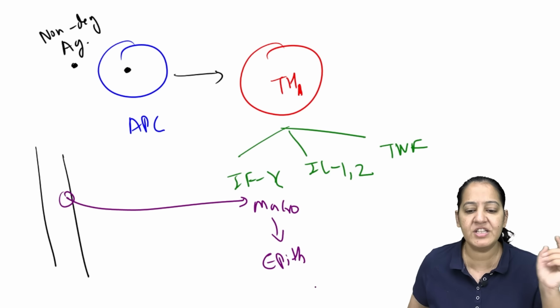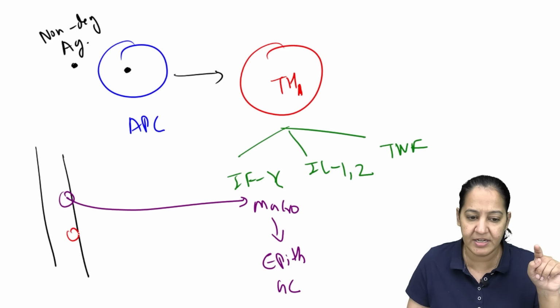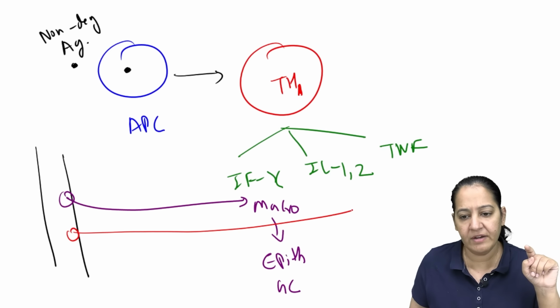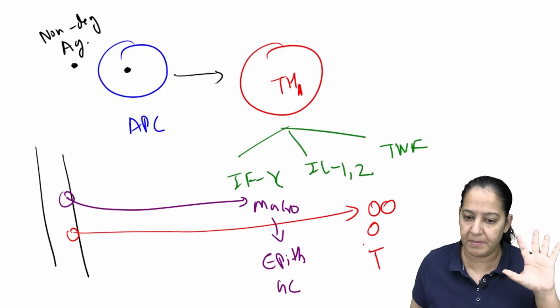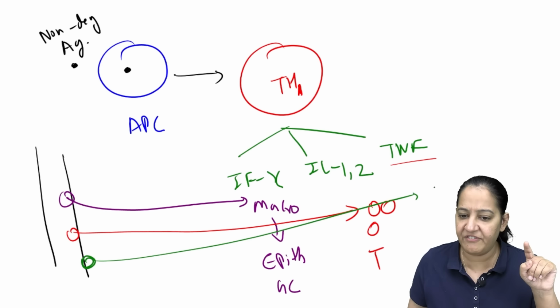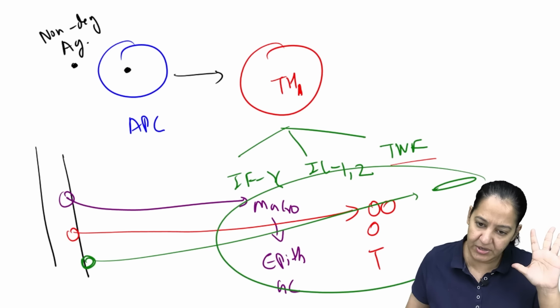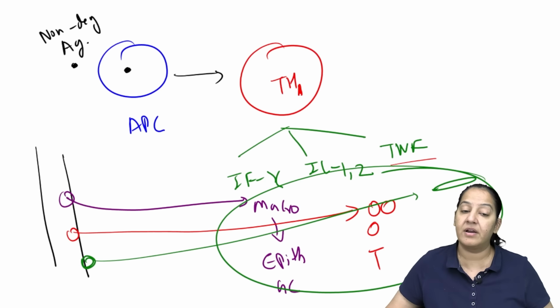Epithelioid cells fuse with each other and form giant cells. That is the first thing. Second, interleukin 1 and 2 will take the T lymphocytes from the blood, and TNF alpha will take the fibroblasts from the blood. Now these 3 cells will form a granuloma. So the end result here is the granuloma.